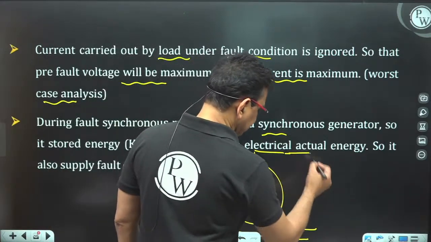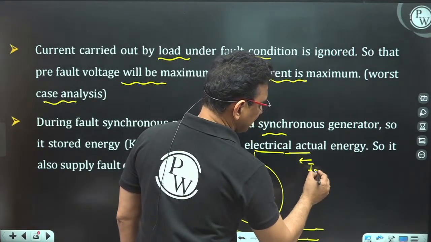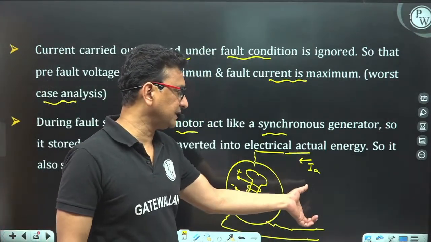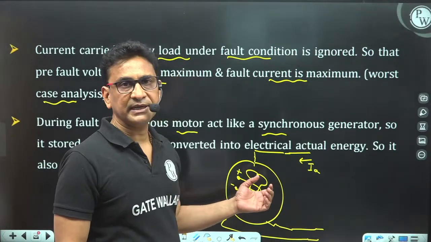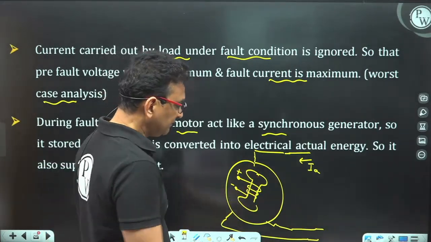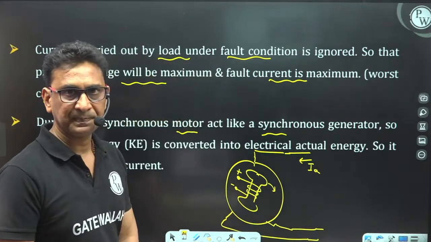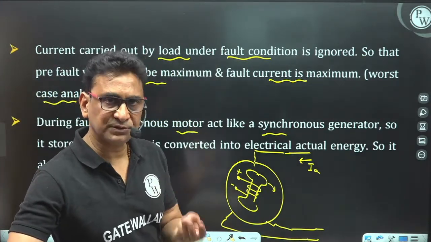We supply the stator winding with the three phase AC supply. So now we have two types of flux. One flux is created by the armature winding. Second flux is created by the field winding. Then we rotate the rotor with the prime mover at the synchronous speed. So now we have two magnetic fields which are rotating at the synchronous speed.